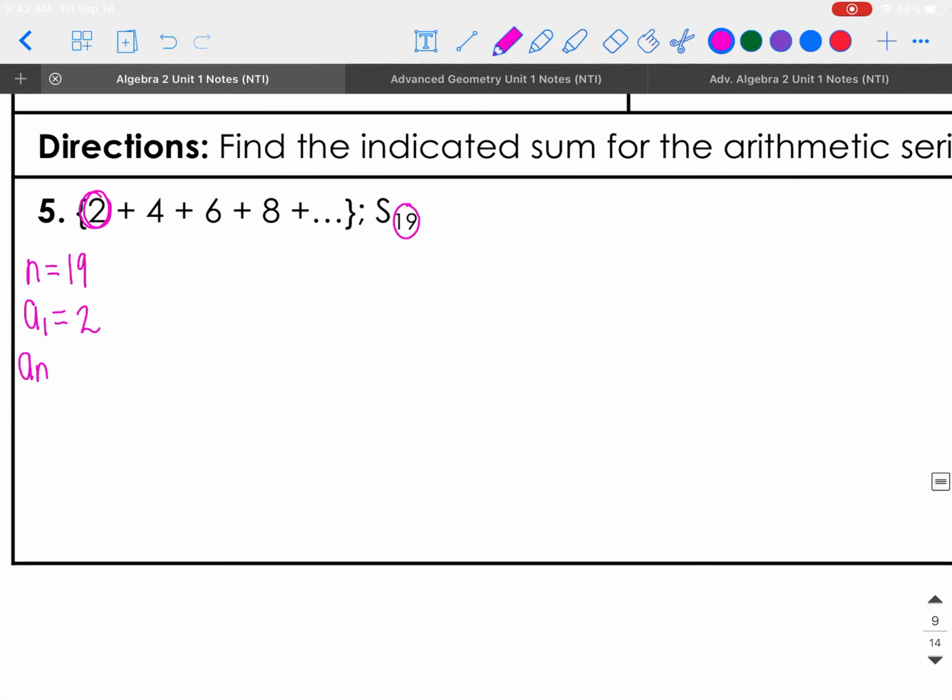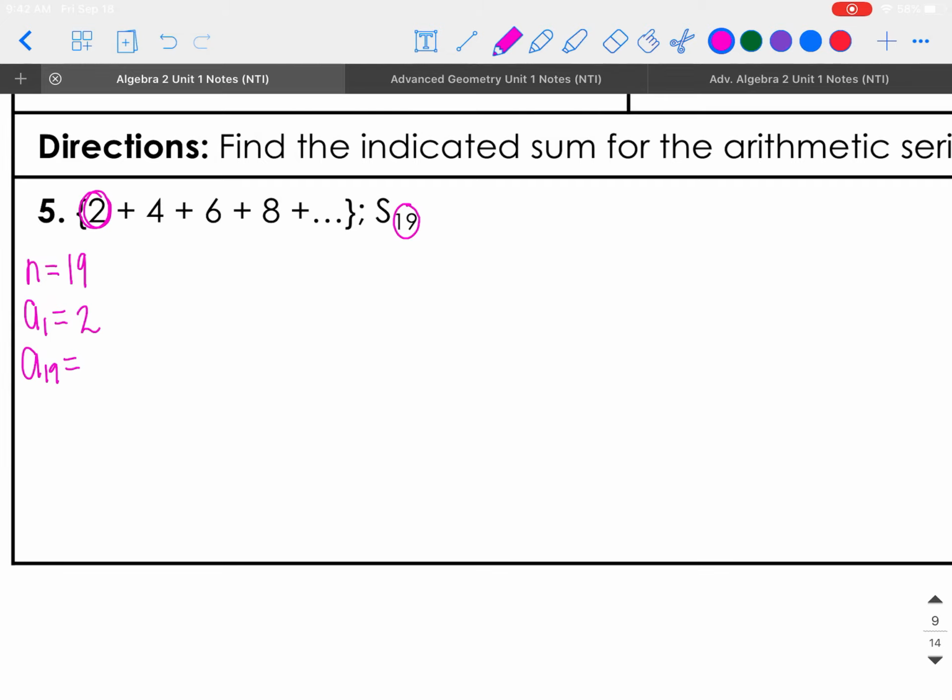And then the hard one to find is AN. And I know I'm going to write this as A19. That is my last term. What is my 19th term? Well, rats, because I don't have it.